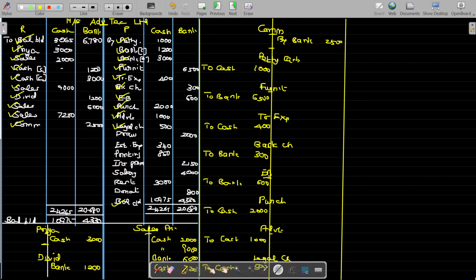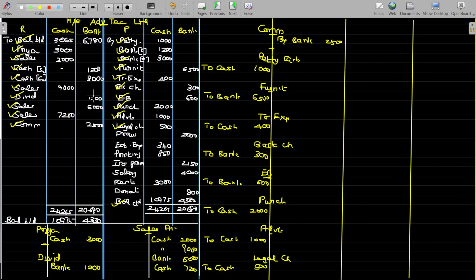Still we have further accounts. Now, drawings. I open a new account called drawings here. In drawings, in the debit side, to bank, this value being 2000.